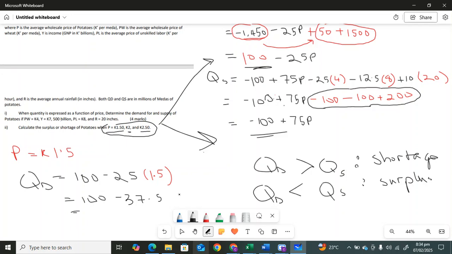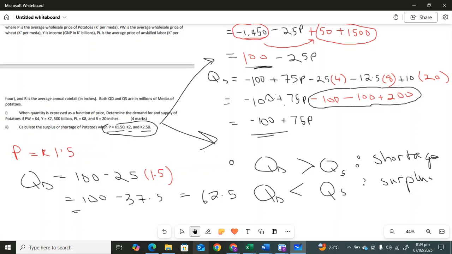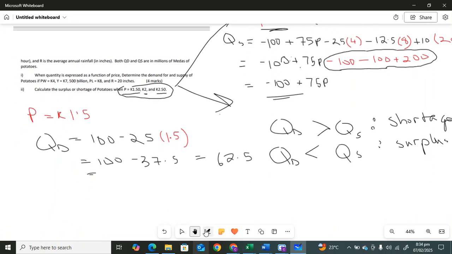62.5. All right, so quantity demanded is 62.5 million. I think the medals were in millions. 62.5 million medals. Now we find out quantity supplied.